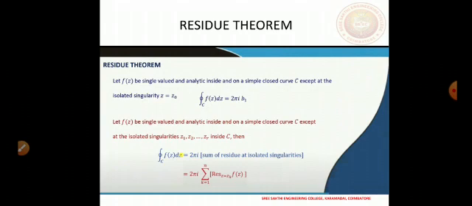This is the residue theorem, and we can generalize it: f of z is single valued and analytic inside and on a simple closed curve C, except at the isolated singularities z1, z2, and so on. Instead of one singularity z naught, we have several singularities inside C, and in that case the result is just 2 pi i times the sum of the residues at these isolated singularities.